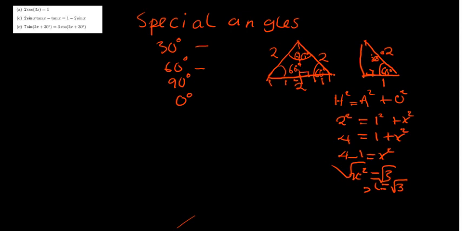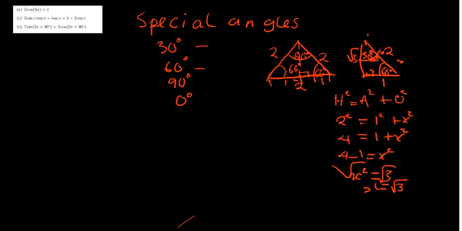Then here we have 30 degrees. From this triangle, we can make the cosine ratio, tan ratio and sine ratio.